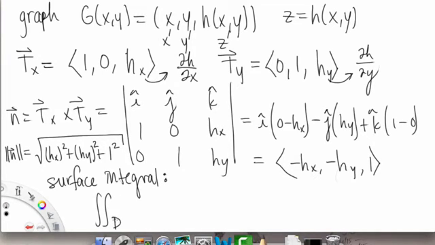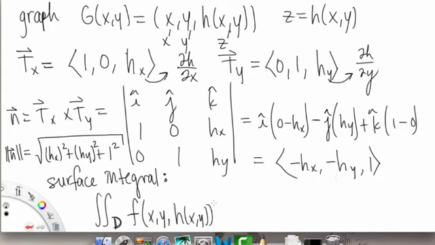Double integral over domain D of, in this case our parameter variables are x and y themselves, so you'd have to be given bounds on x and y. And then we have some scalar function f, and we would plug in x and y like normal, and then h of x and y for our z component.